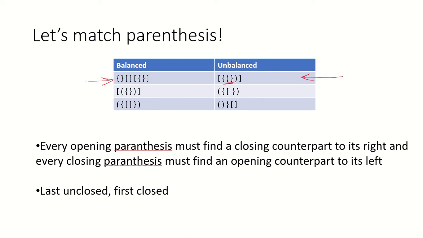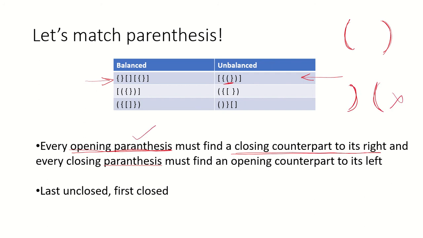So what are the rules that go on behind checking whether the parentheses are balanced or not? Every opening parenthesis must find a closing counterpart to its right. That means if the opening parenthesis is here, its counterpart closing parenthesis should be to its right. We cannot have something like this. This is not balanced.